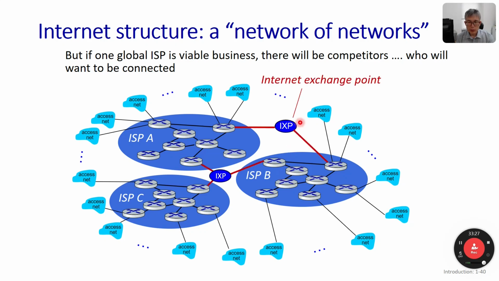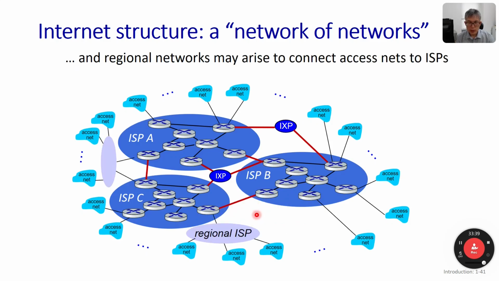We can also connect ISP networks using an internet exchange point. Also, peer links can connect routers directly. Under the ISP we have small regional ISPs. Also, content provider networks, data center networks like Google, YouTube, or Netflix can be used.